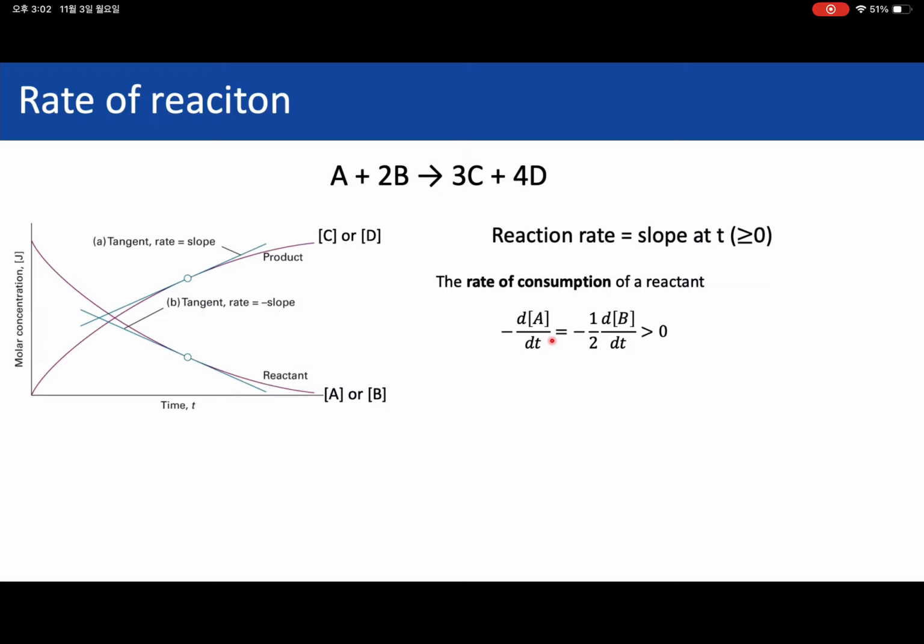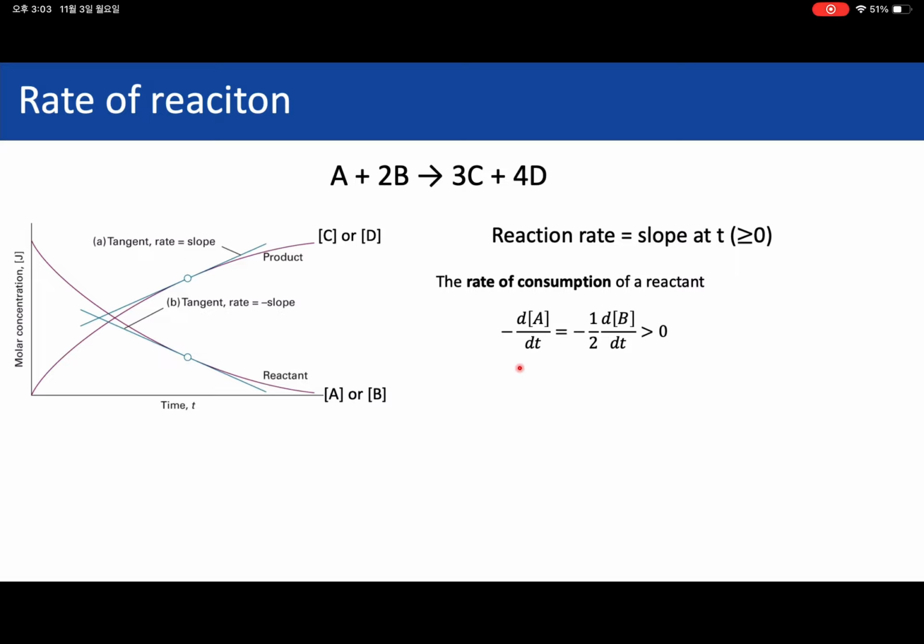And since we are consuming 2 moles of B per 1 mole of A, we have negative 1 over 2 times the slope of the molar concentration curve for substance B. Those two should be the same, but this 1 over 2 is somewhat tricky to understand, so I will show you an easy way to understand it.